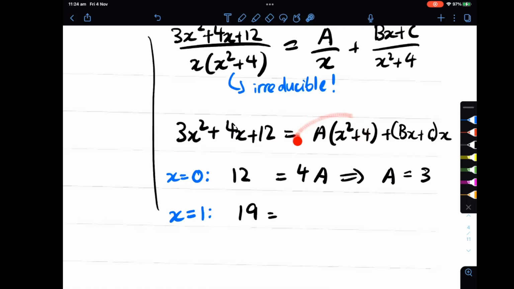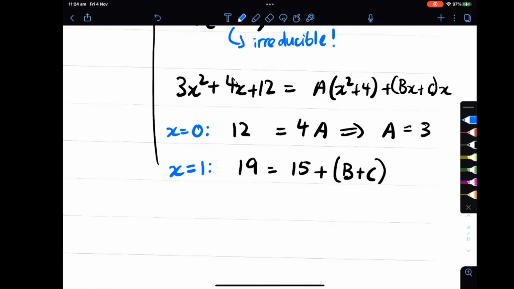For this here, let's use our value of a that we found. That's 3 times 5, which is 15, and then plus b plus c times 1, so that just disappears. Alright, so that's clearly not enough. We need to do some other stuff.